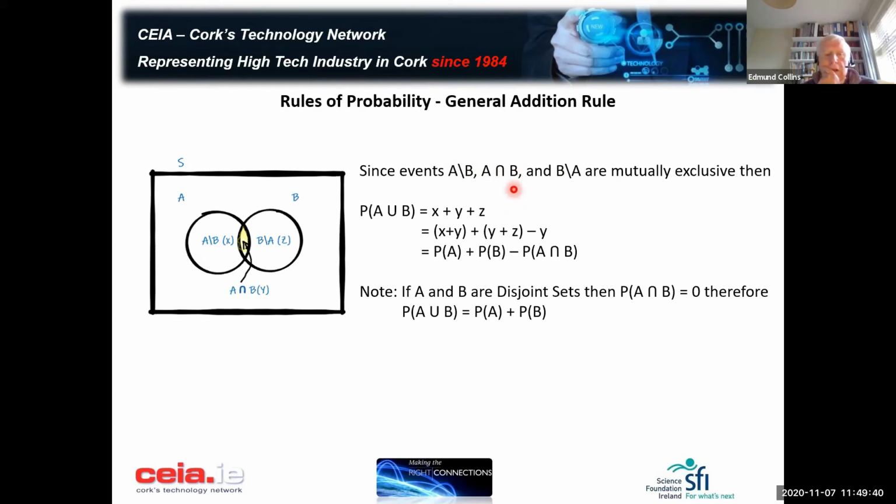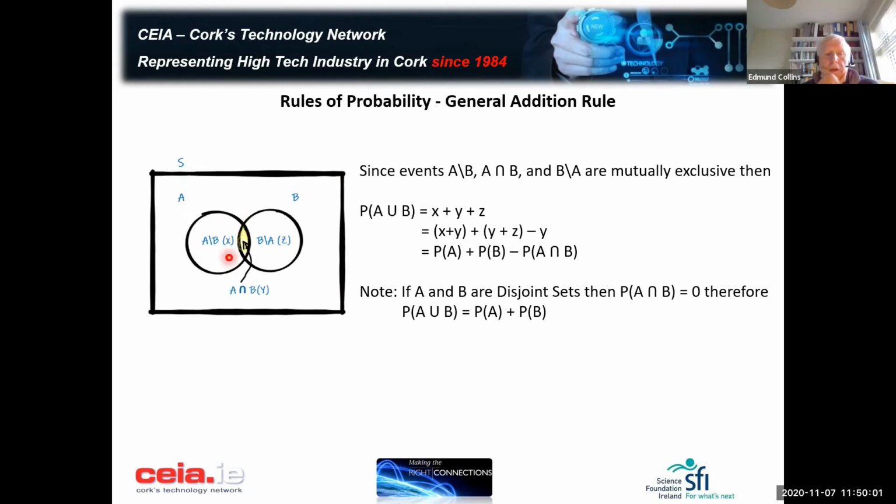These are mutually exclusive events, disjoint events, so that's important. Again, we're used to this now: the rectangle S, A and B here.